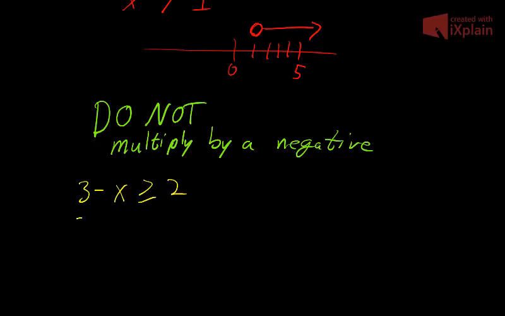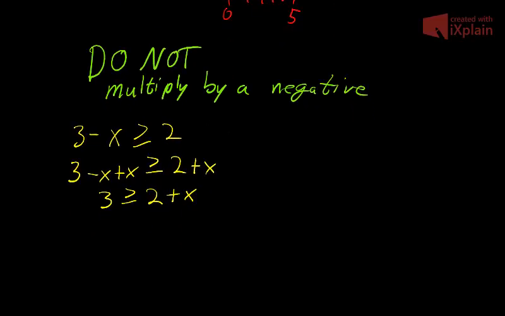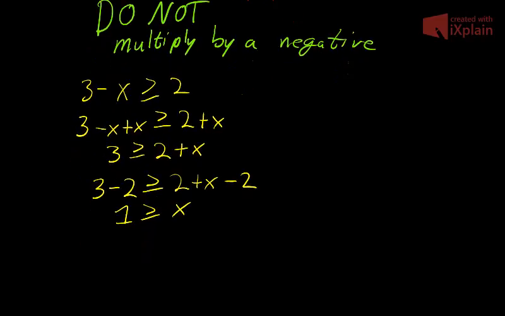And what that'll give me is 3 minus x plus x is greater than or equal to 2 plus x, which is the same thing as saying 3 is greater than or equal to 2 plus x. And then we can continue here, subtract 2 from both sides. I have 3 minus 2 greater than or equal to 2 plus x minus 2, which tells me that 1 is greater than or equal to x. Just by flipping this around, I can also say that x is less than or equal to 1.